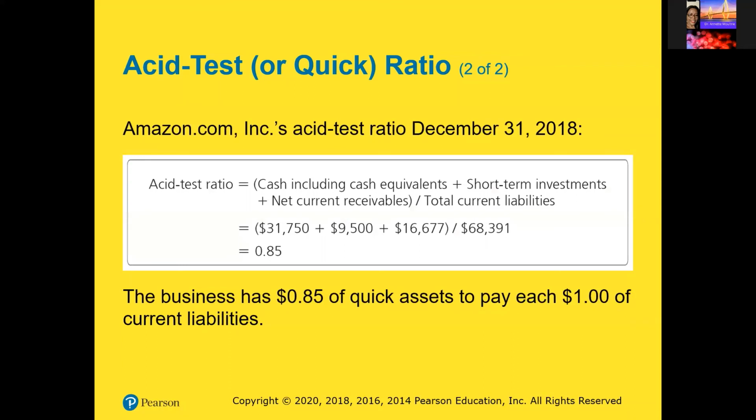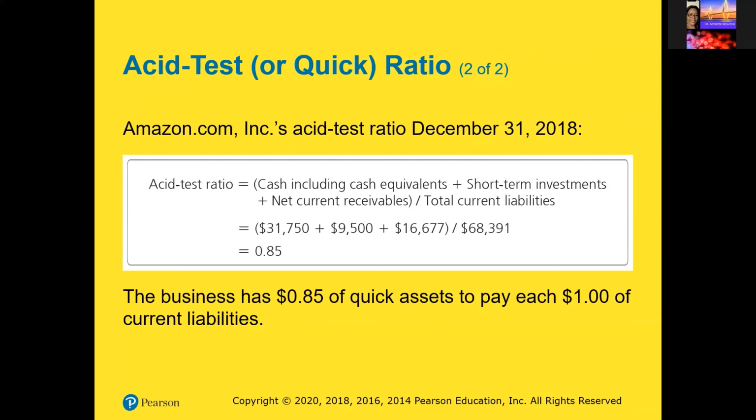Here in this example, you see Amazon asset test ratio as of December 31st, 2018. Again, the asset test ratio is equal to cash including cash equivalents, short-term investments, plus net current receivables divided by total current liabilities.